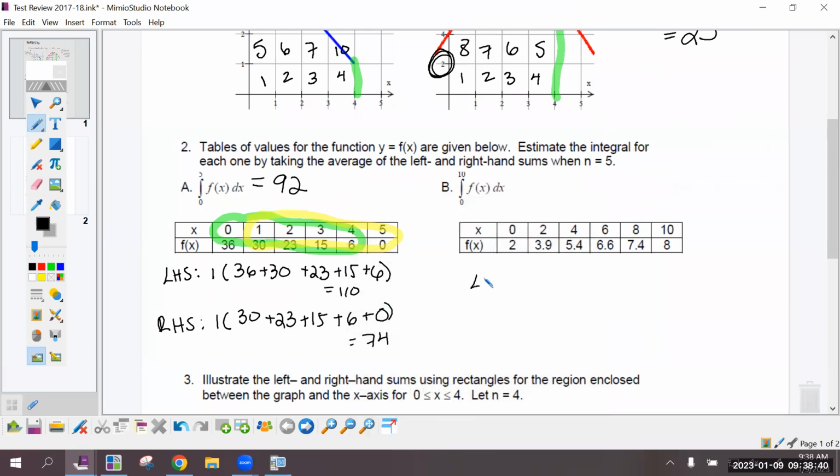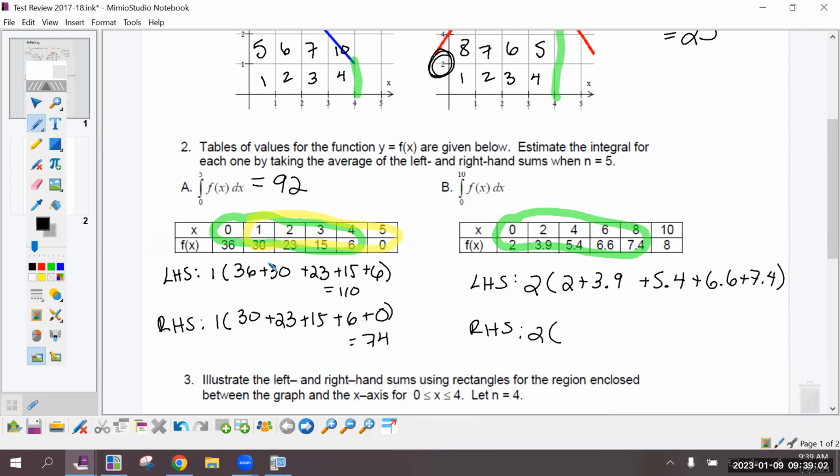And for B, now for the left-hand sum, starting on the left, but I notice my x scale is by 2. So I have to multiply by 2 to account for that rectangle width. Right-hand sum.